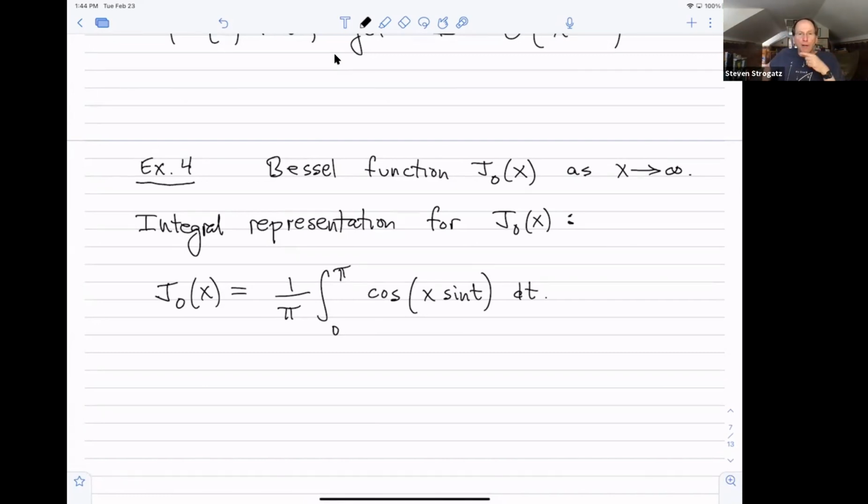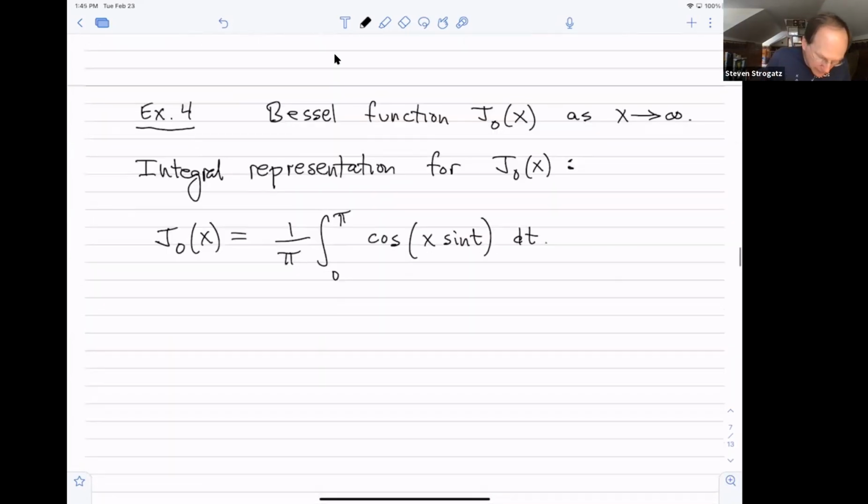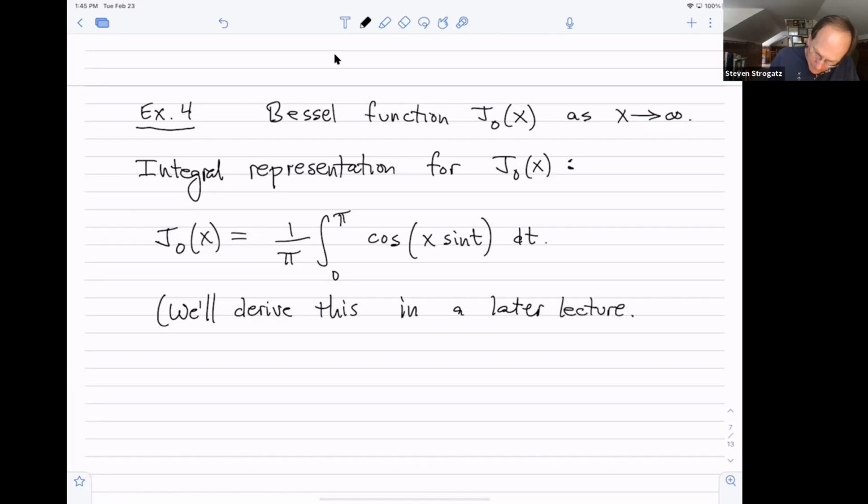That's something that we'll derive in a later lecture from the differential equation itself, because you may be wondering where these integral representations come from, so we'll discuss that later. But for now, let's just take it as given.